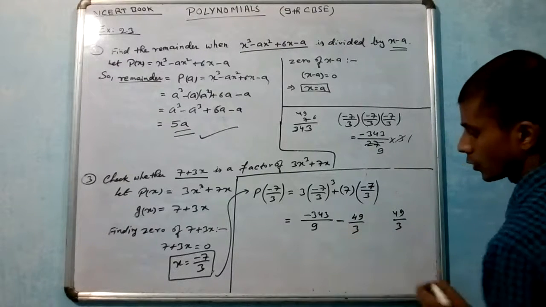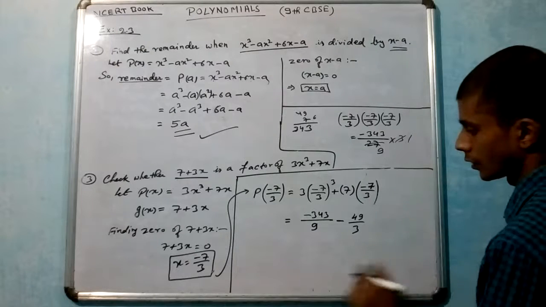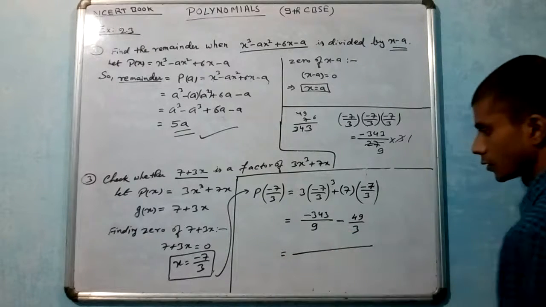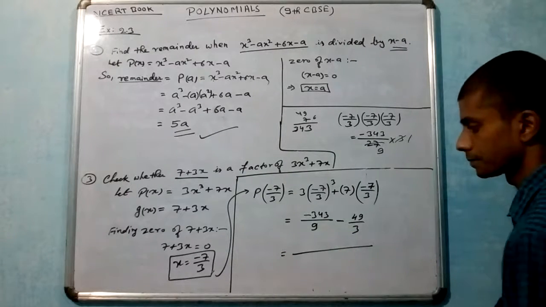Now we will solve this. How to do? Take the LCM. The LCM of 3 and 9 will be 9.